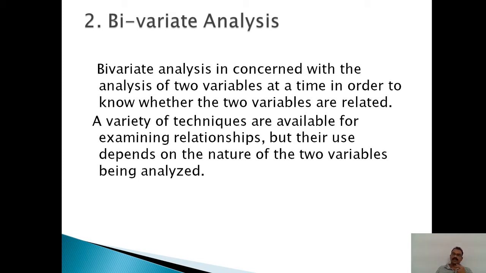A variety of techniques are available for examining the relationship between two variables, but their use depends upon the nature of the two variables being analyzed. Okay, different techniques are there, but which technique is to be followed depends upon the nature of the two variables being analyzed.